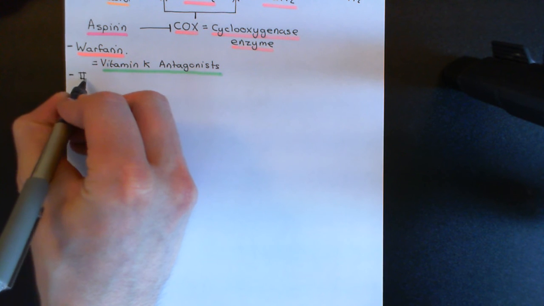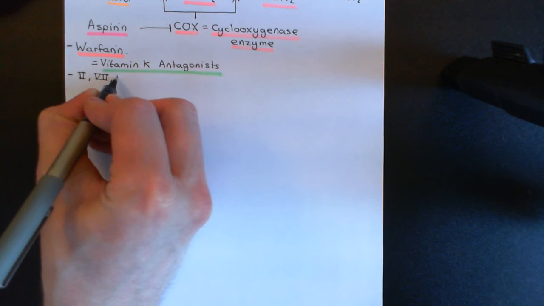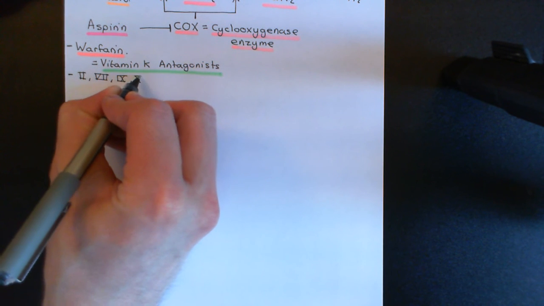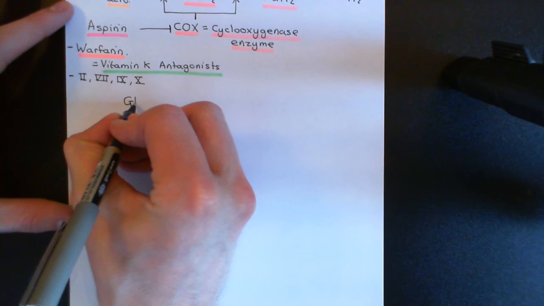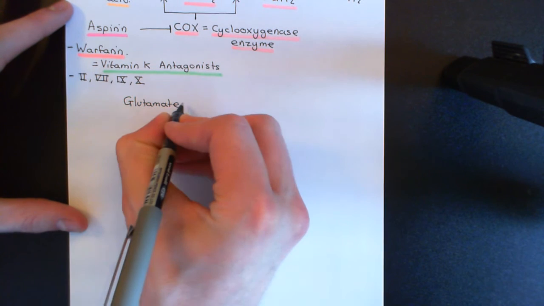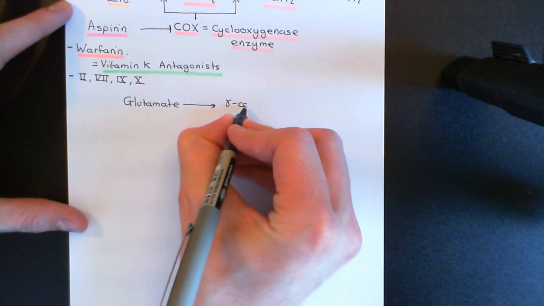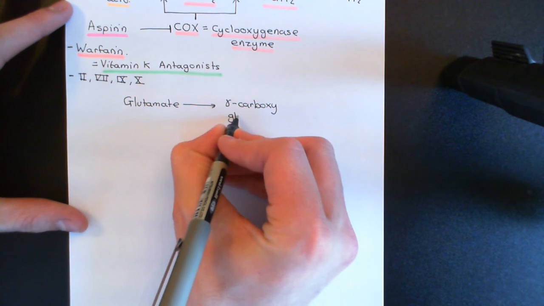Coagulation factors 2, 7, 9, and 10 are completely dependent upon a modification made whilst they are still in the cells of the liver. They need certain glutamate residues modified into gamma-carboxyglutamate residues.